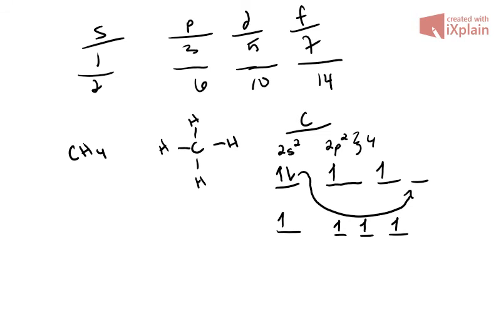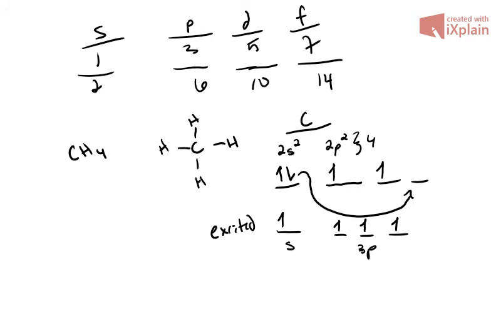Now these orbitals, this would be called an excited state. An electron will move up an orbital, and this becomes an excited state. So we have an s and 3 p's.